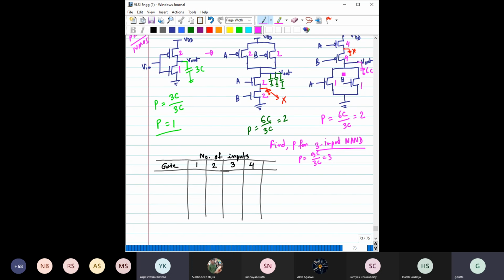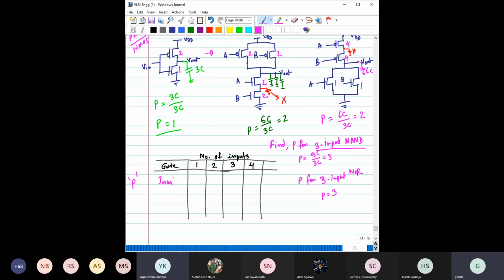Similarly, if you do it for P for 3 input NOR gate, please check it out. That will also become equal to 3. Now we are tabulating the value of P for different gates for different inputs.